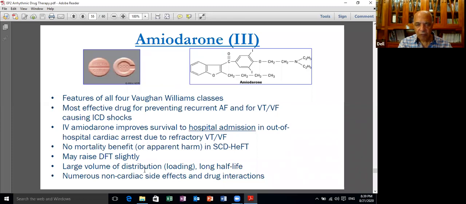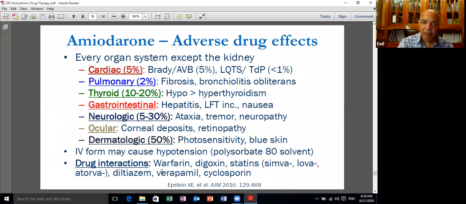It has a large volume of distribution of 50 liters, and therefore you have to load the dose of 8 to 10 grams over 2 to 3 weeks, and it has numerous side effects. The numerous side effects involve every system in the body except the kidney.